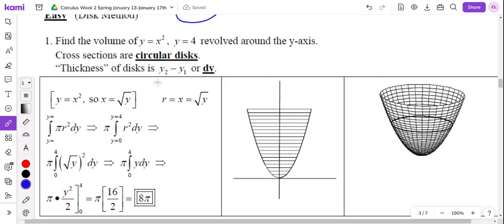So our original piece is y equals x squared. And when we rotate this around the y-axis, this is the key piece, we create a disk that is right here.